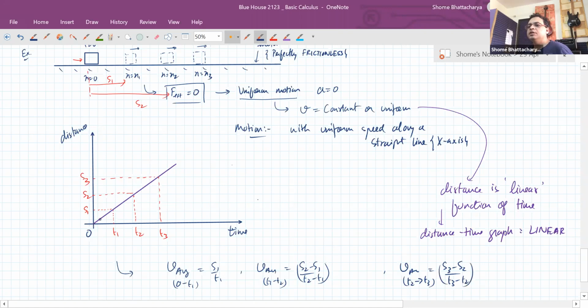So that will be equal to tan theta. It will be equal to the slope of this straight line. It will have a slope of tan theta, which is equal to delta S by delta T. Now that slope is nothing but the uniform speed.